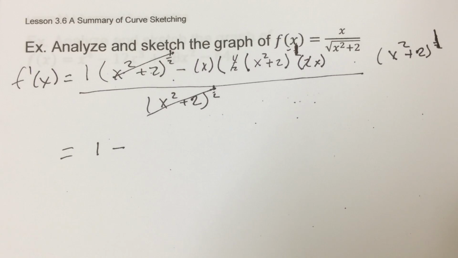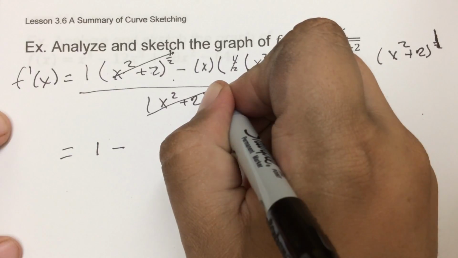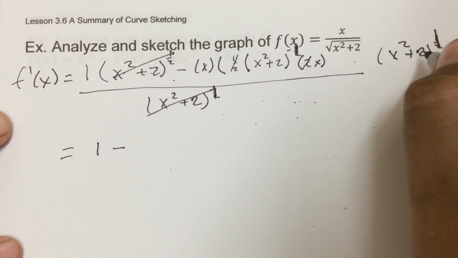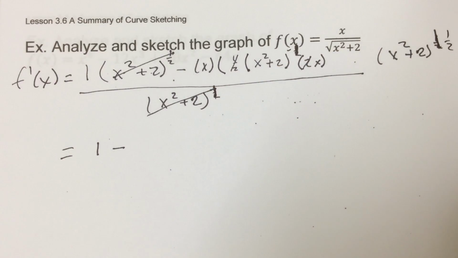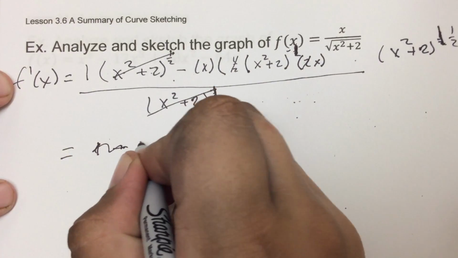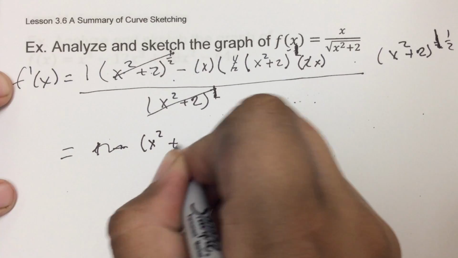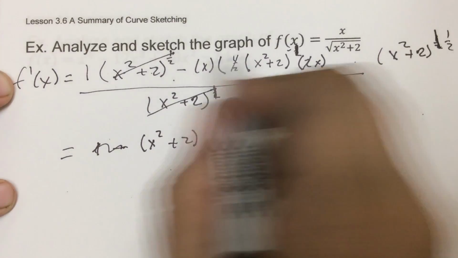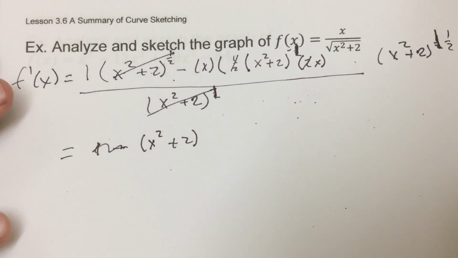What's that going to do? Oh, but the bottom is squared, so this becomes the whole. So yeah, it is to the 1/2. That's what I'm wanting to do. So that'll make this x squared plus 2, because the 1/2 power and the 1/2 power makes it a whole.